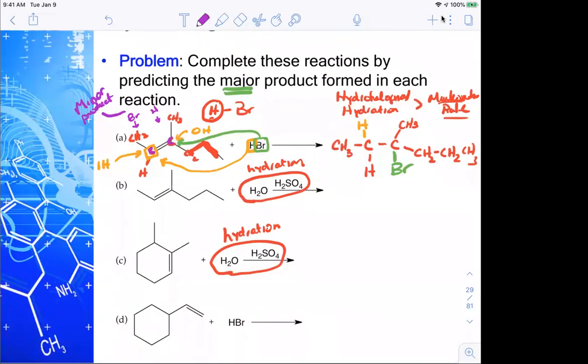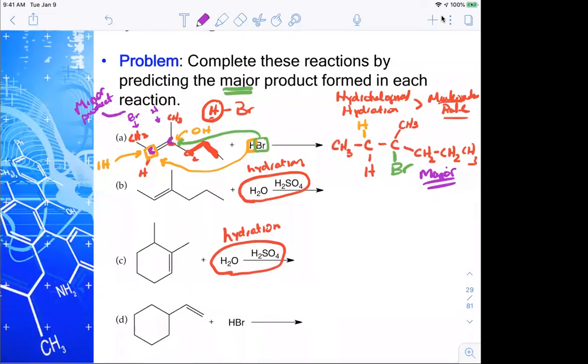So I always get those two potential regioisomers, those two potential constitutional isomers as my product. But according to Markovnikov's rule, this is going to be my major product because the hydrogen ends up on the carbon of the double bond that has the most hydrogens, and then the bromine ends up on the other one.